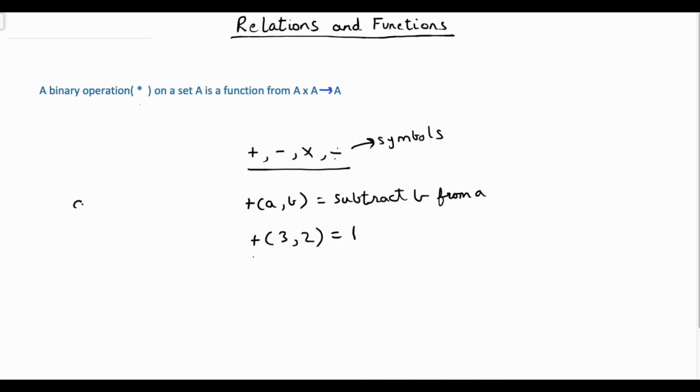But conventionally, a plus b is equal to the addition of a and b. We can explicitly change their purpose if we want to. When someone writes minus 1 or minus 5, this is not an operation. It is just a symbol that indicates that the number is negative.